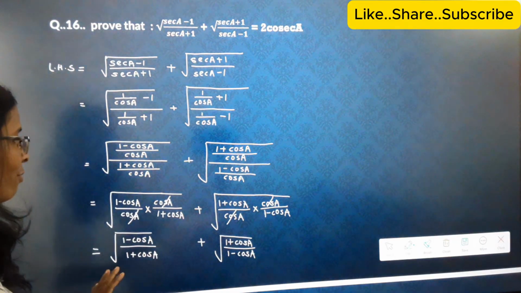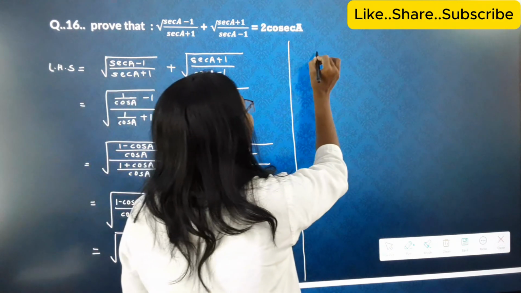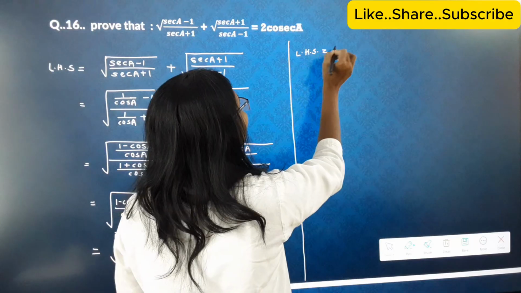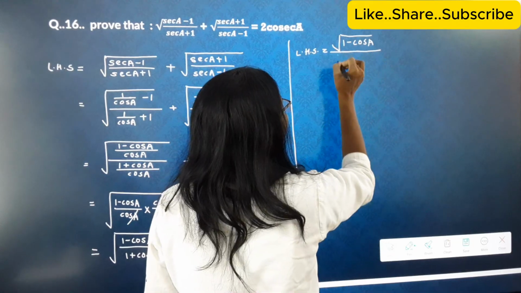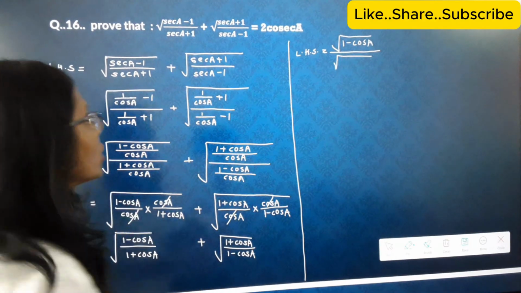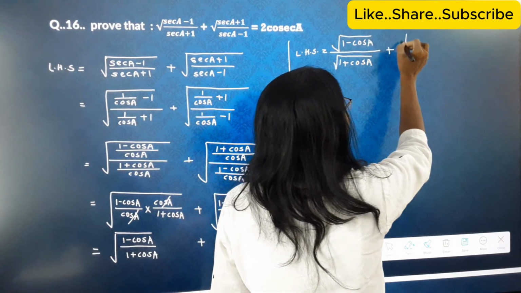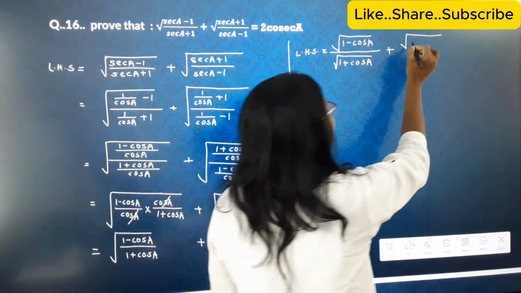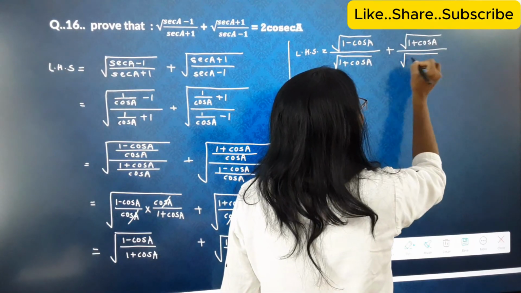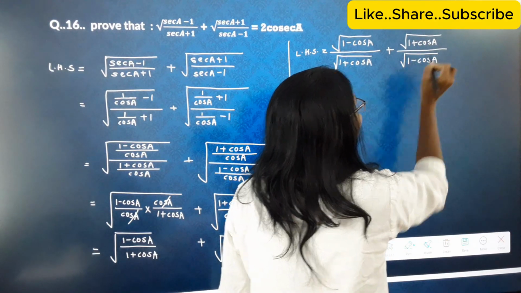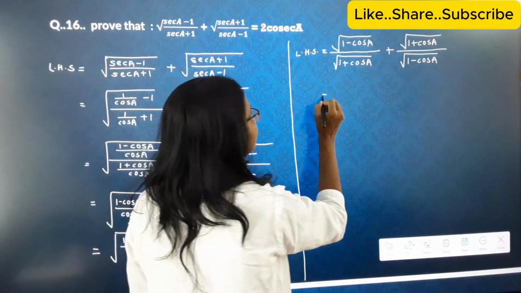Okay students. So now here further I simplify this as LHS is equal to square root 1 minus cos A upon square root 1 plus cos A plus square root 1 plus cos A upon square root 1 minus cos A. Then here the denominators are different, so here cross multiply.